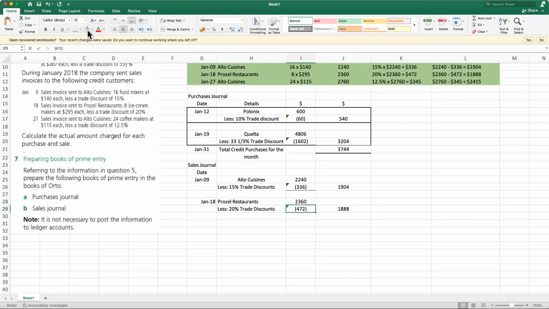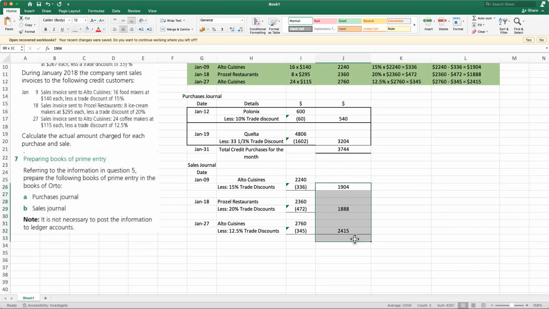The next one will be January 27, Alto Cuisines. Also same thing, less 12.5%. Alto Cuisine is 2,760, less the total amount will be 345. After deduction will be 2,415. So you're just going to draw a line here and draw a line here because we're calculating the total for this.